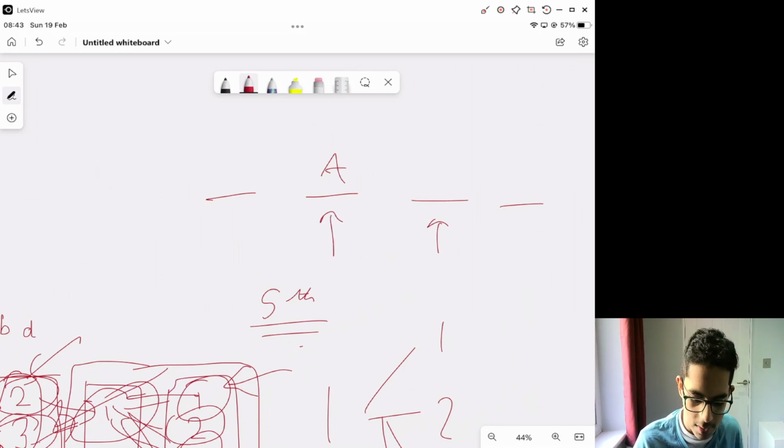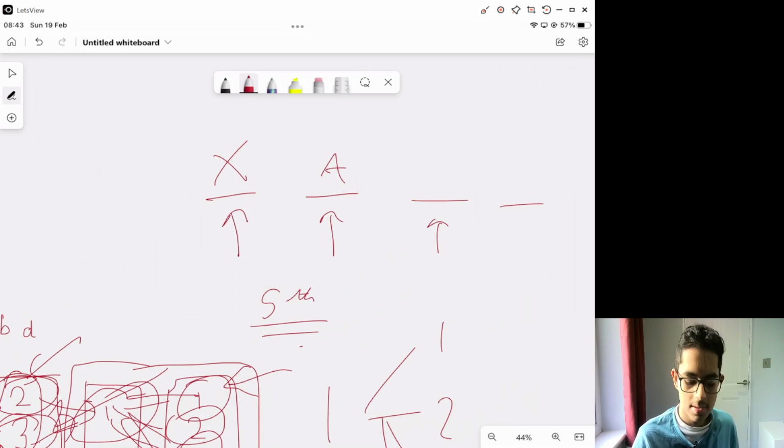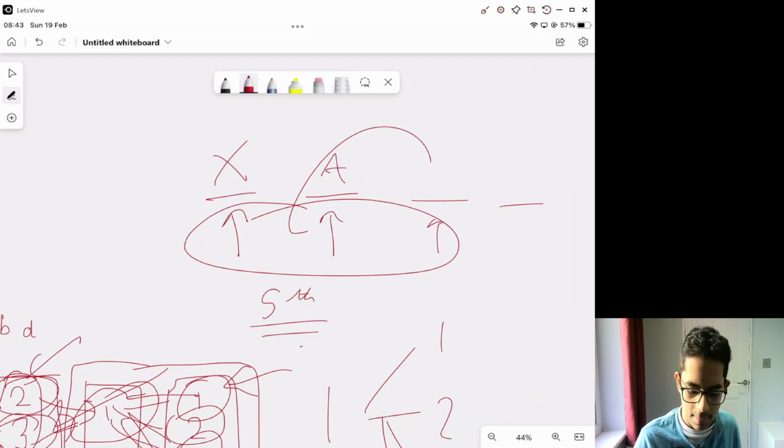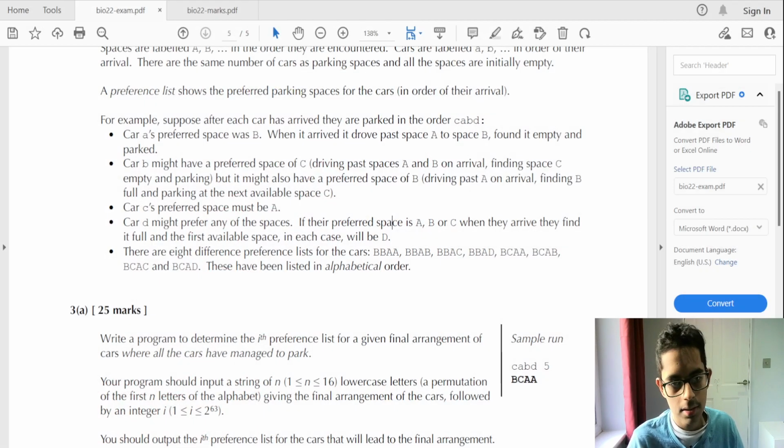They could have had the previous one if it was occupied. Now this is the key, because if it wasn't occupied, then they would park there. But then if it was occupied, they could have had that one. And now let's just consider that this one is occupied by any x. So B could have also had this one as their preference, since all of these would result in this being their parking place. So we just need to translate that to code.